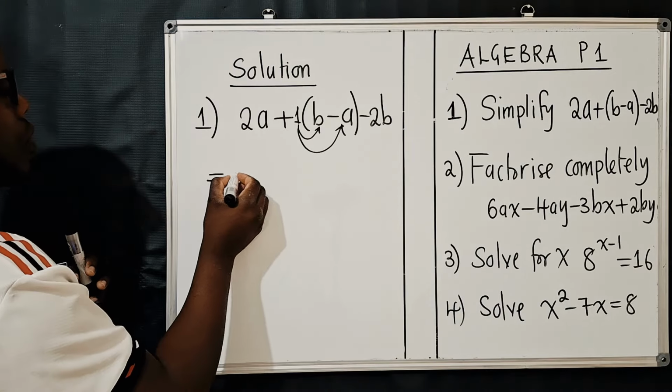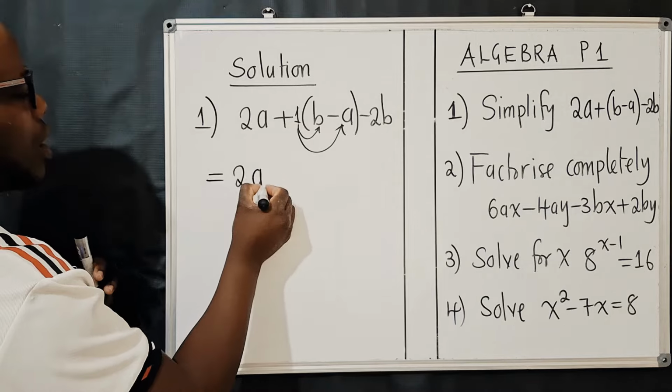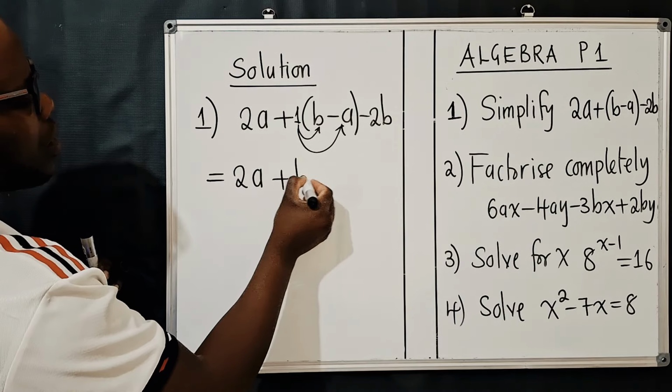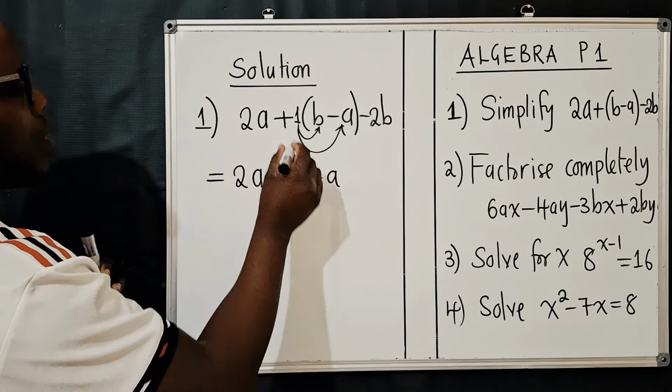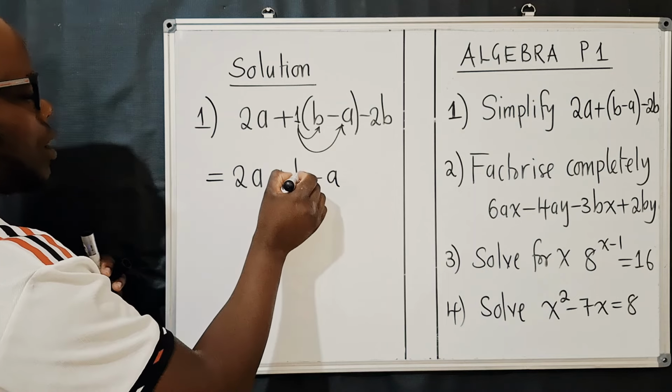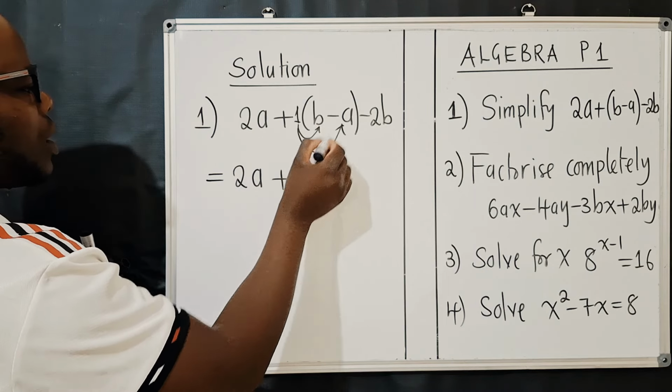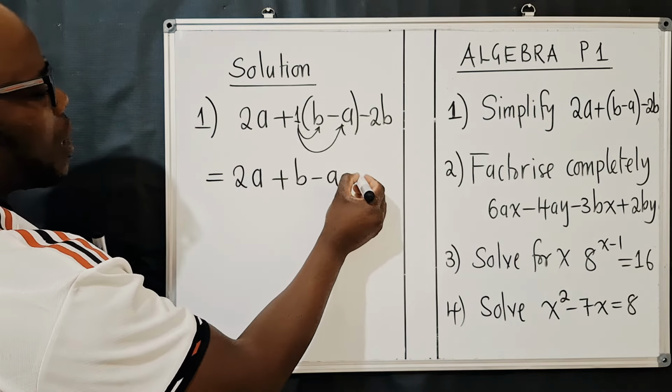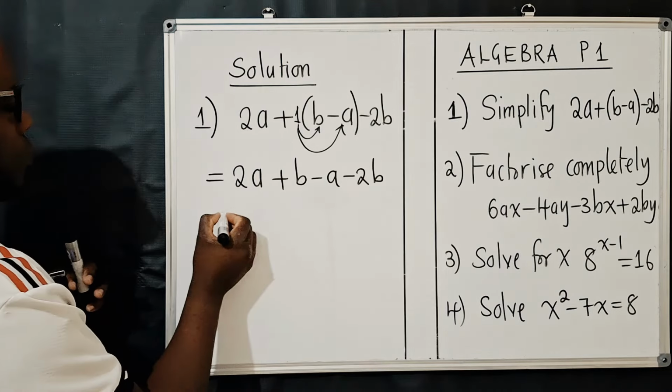So it will be equal to 2a plus 1b minus a, because 1 times b, it's b, 1 times negative a, it's a negative a. Minus 2b.